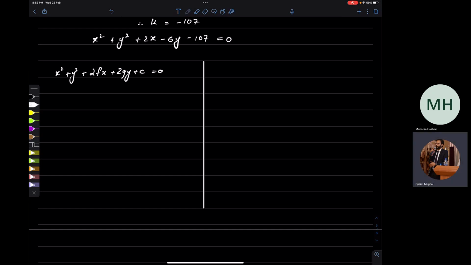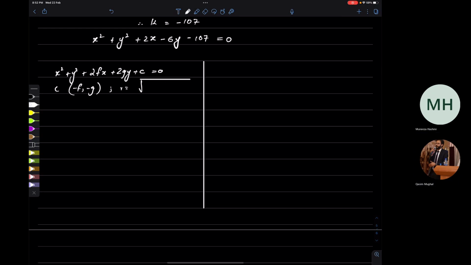So I know if I have the equation in this format, then minus f and minus g would be the center, and the radius is going to be the root of f squared plus g squared minus c. So I'll work out the center and the radius using this particular format.